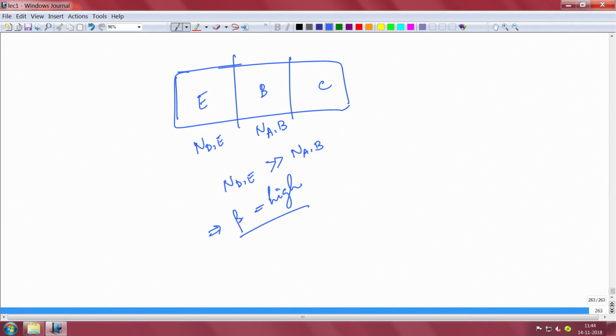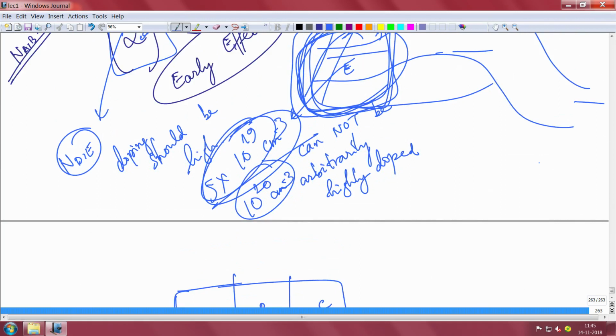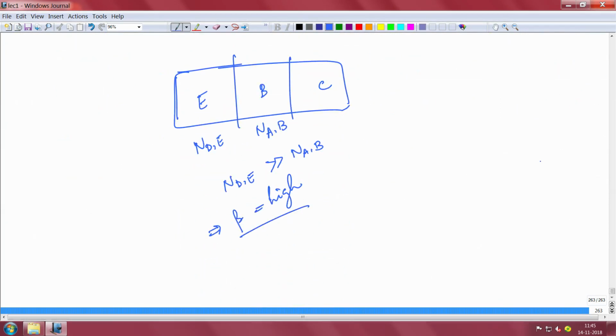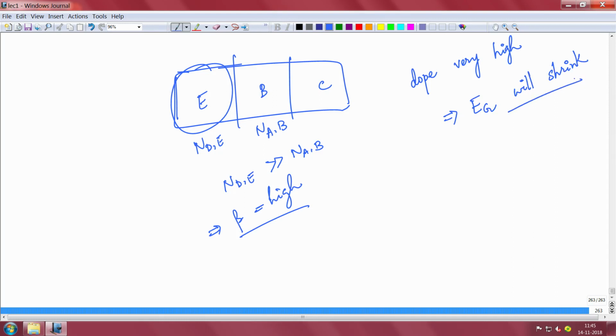But I told you in the last slide that the emitter cannot be arbitrarily doped very high. If you recall from one of the earlier lectures, if you dope a semiconductor very high, then your band gap will shrink, or reduce.